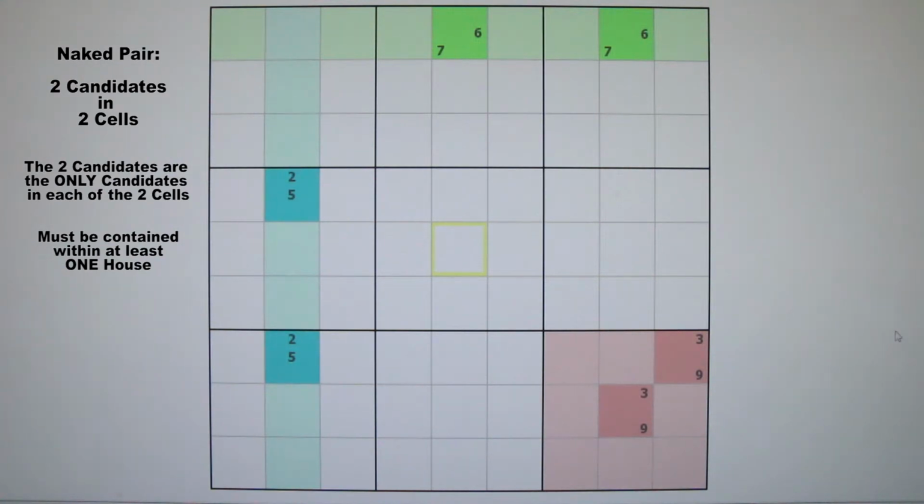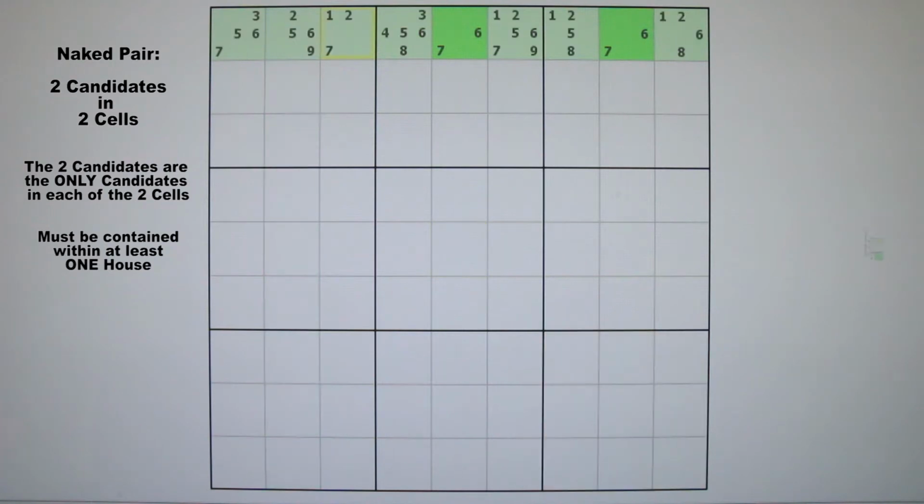Okay? Now with the naked pair, the eliminations are made outside the two cells containing the naked pair, but in the same house. And the eliminations, if any, are of the other instances of the same digits as the pair itself. Like for instance, let's take a look at the 7 and the 6 and the 7 and the 6 in row 1. We know that row 1, column 5 must be a 7 or a 6, and row 1, column 8 must be a 7 or a 6.